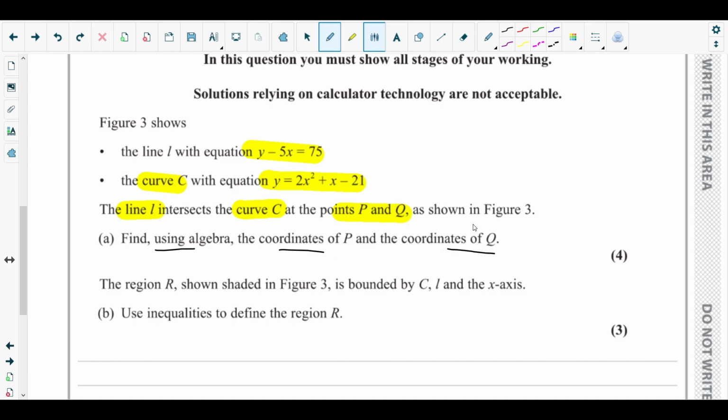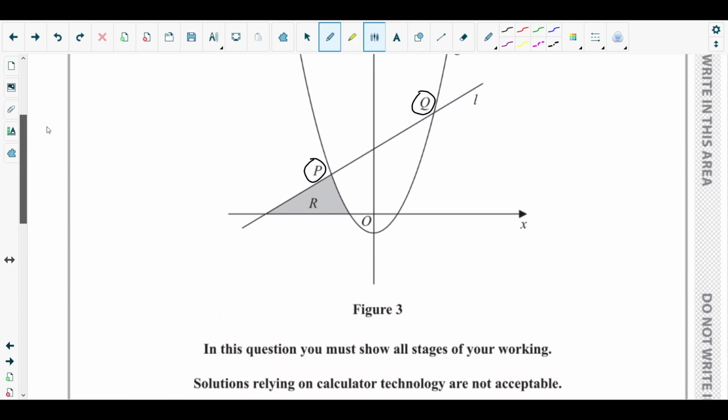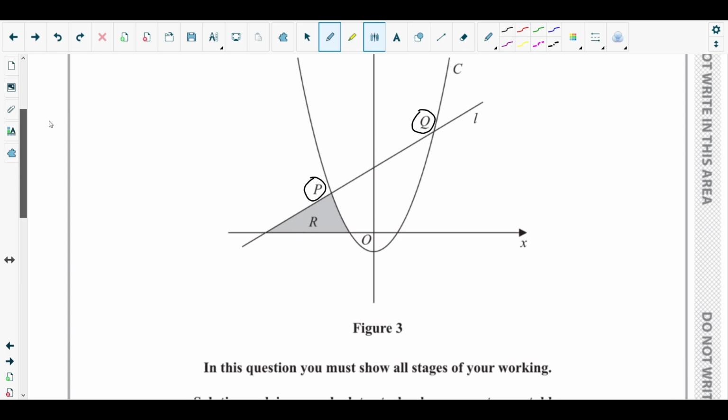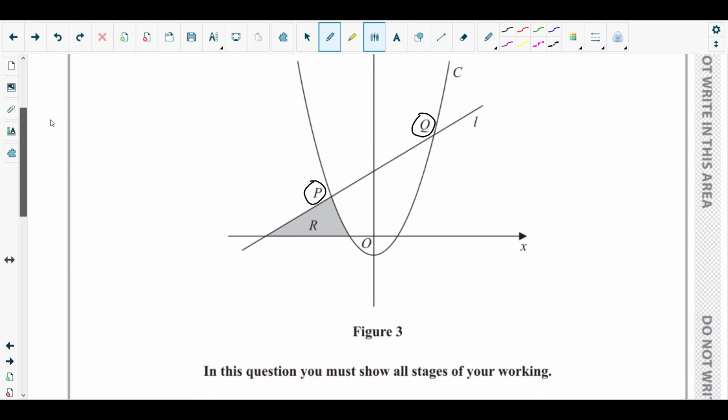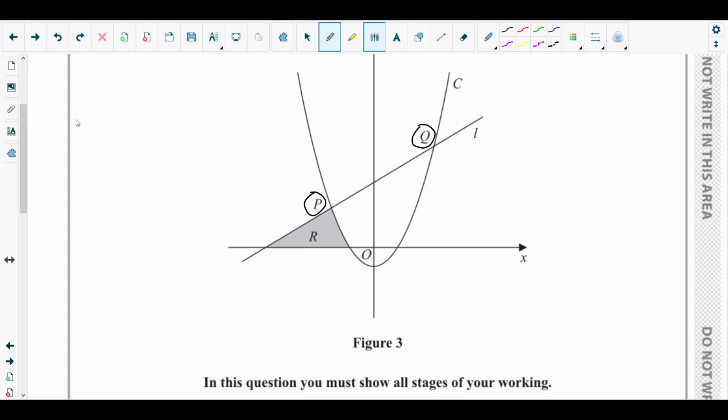Points P and Q are basically the points of intersection between the curve C and the line L. Since it is the common point between the line L and the curve C, their x and y values would be the same, right?